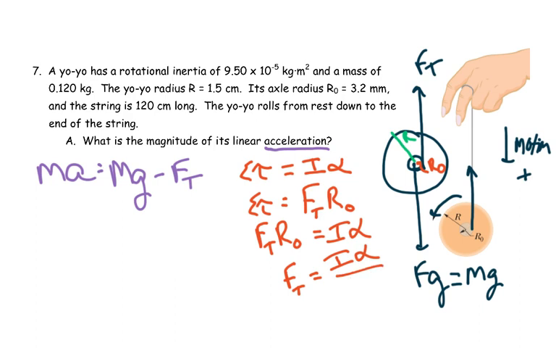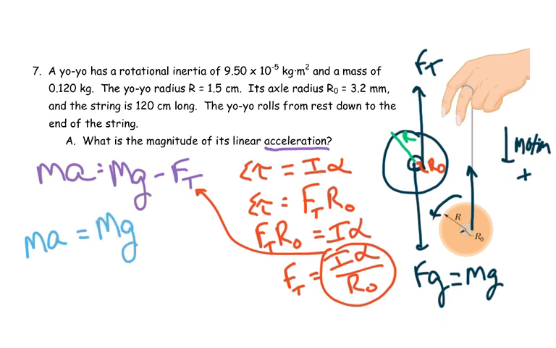And now I have an equation with known quantities that I can substitute in for the tension force. Okay. So I'm going to take this piece now and sub it in up here. So now I have an equation that says the mass times the acceleration is equal to the gravitational force minus the rotational inertia. Oops, we forgot a step. Because I'm still going to have an angular acceleration in there.